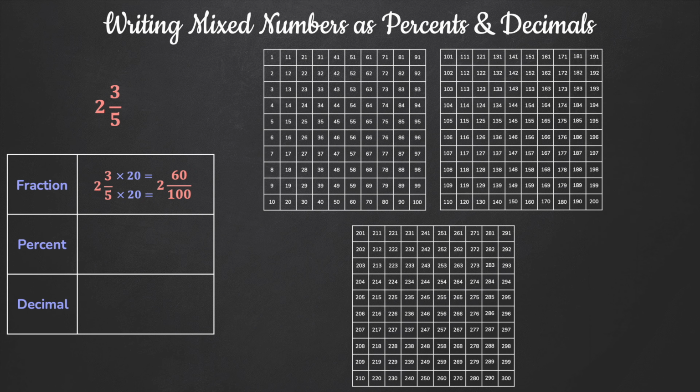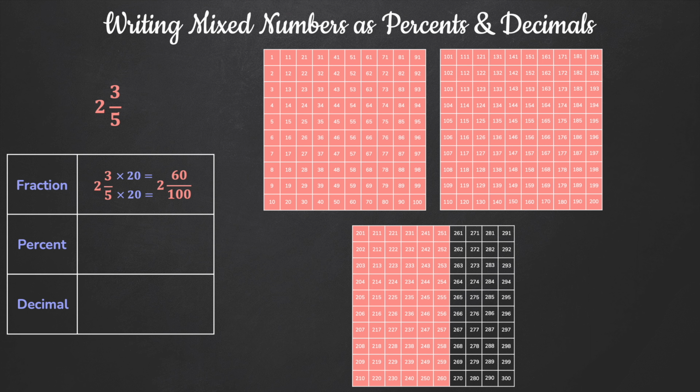That means that we shade in 2 entire grids and then 60 from our last grid. So we have 100, 200, 260. And that helps us with our percent because 2 whole grids is 100 little boxes that are shaded. And then we have an additional 60, so we have 260%.